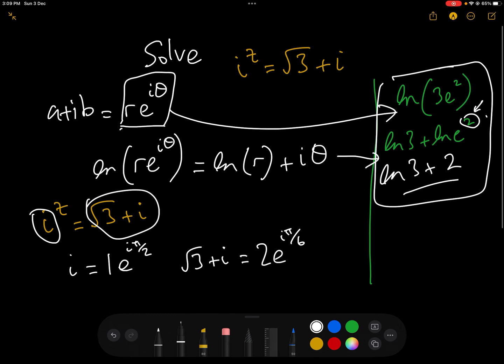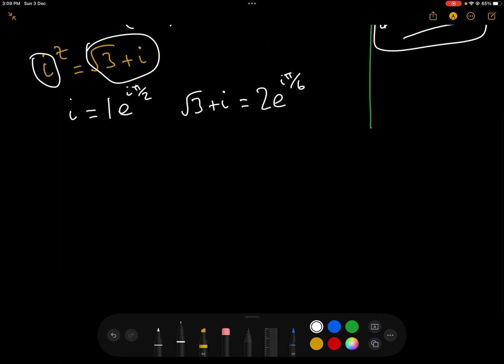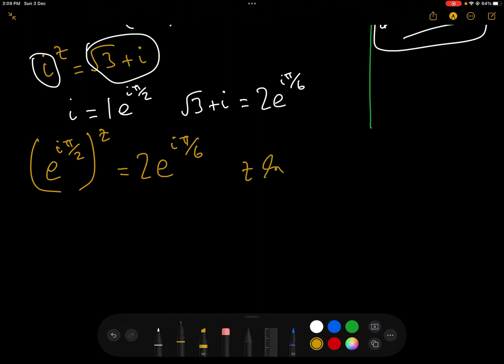Again, these are two of the 16 well-known complex numbers that we have to be able to convert between general form and exponential form. So we can now rewrite our equation as e to the i pi over 2, all to the power of z, equals 2e to the i pi over 6. And we can now take logs exactly as we would if z was not complex, if it was real. So we have z log of e to the i pi over 2 equals log of 2e to the i pi over 6.